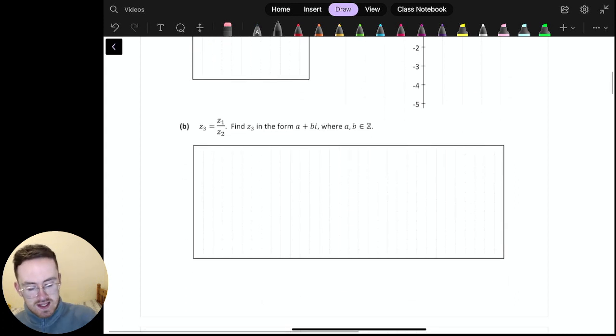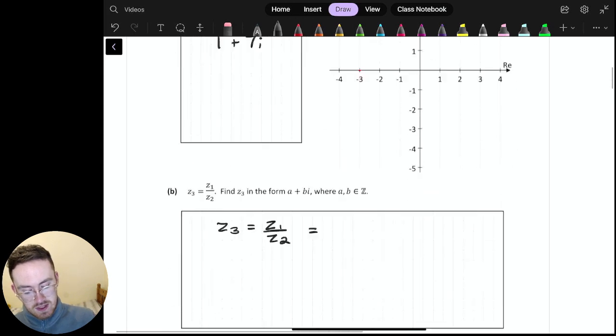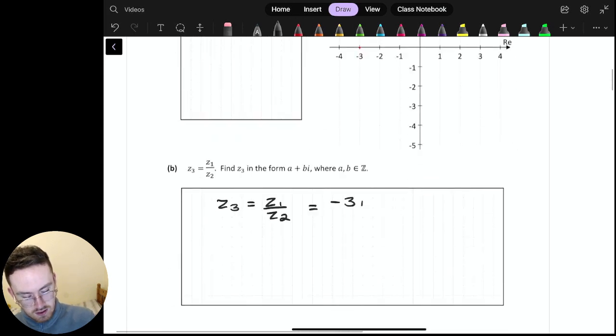The next one then, Z3. So they're telling us Z3, this is a new number. And Z3 is Z1 divided by Z2. Okay, to divide by a complex number. Okay, so first of all, actually we can write out the start of it first. So Z1 is minus 3 plus 4i.